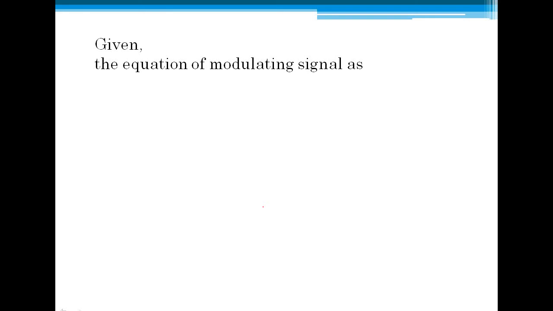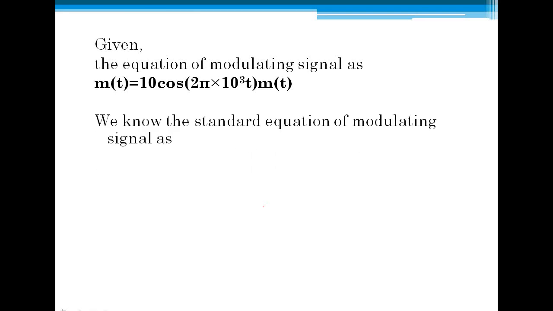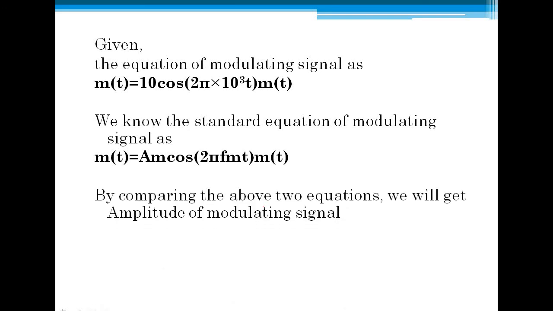So what they have given is the equation of a modulating signal as m of t is equal to 10 cos 2 pi into 10 to the power 3 t. We know the standard representation of any signal is Am cos 2 pi fm t. So from this we just extract the parameters.